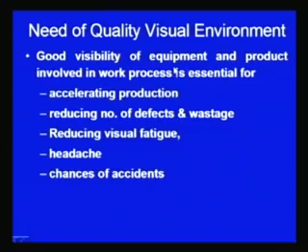As we know, good visibility of equipment and the product involved in the work process is essential. Workers should be able to see the things, equipment and the product which are to be used in the work process. This will help to accelerate the production and at the same time reduce the number of defects and the related wastages.